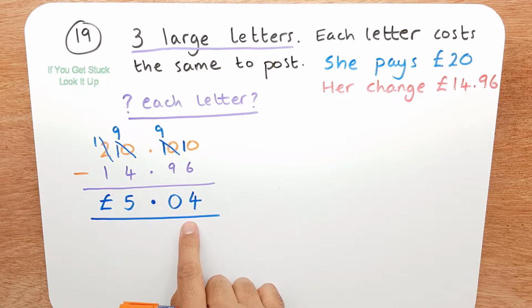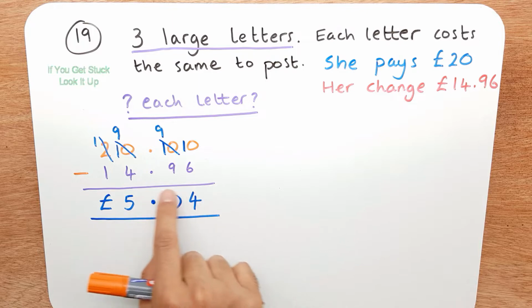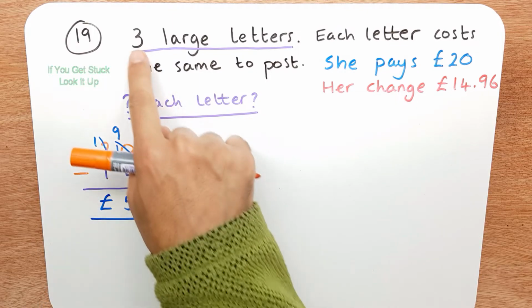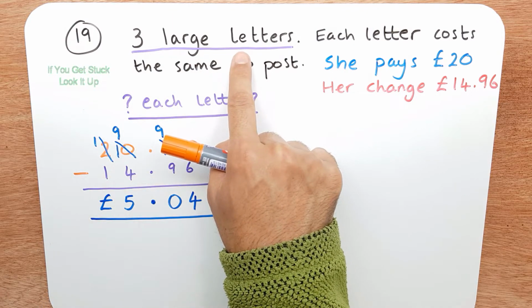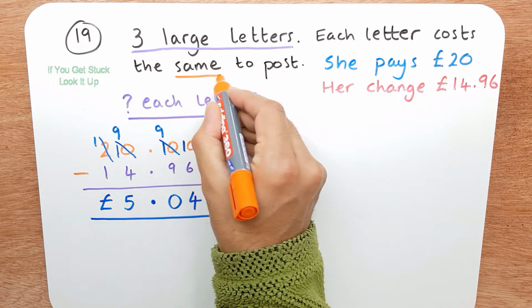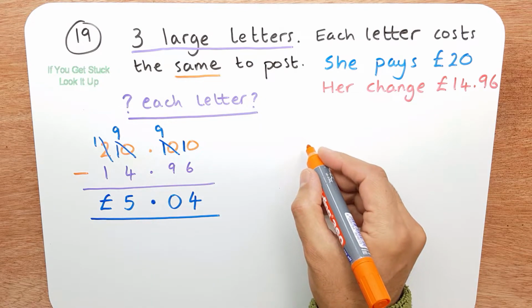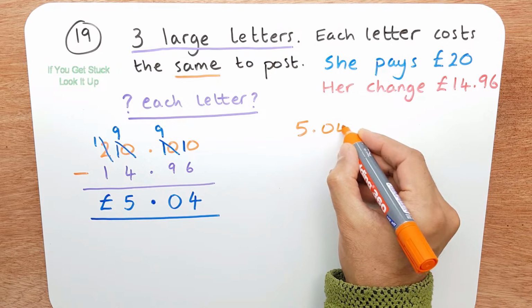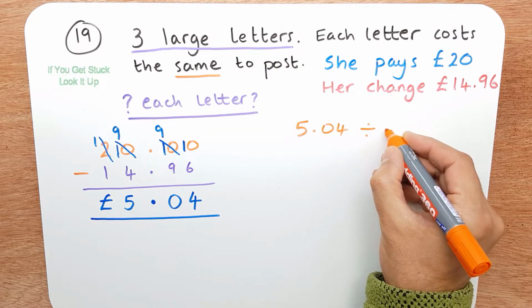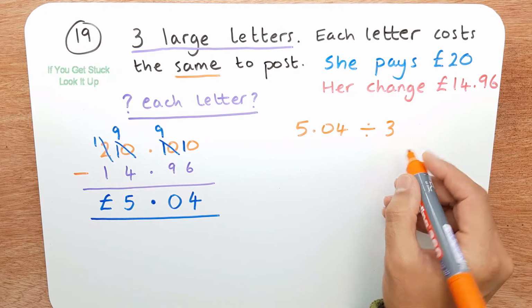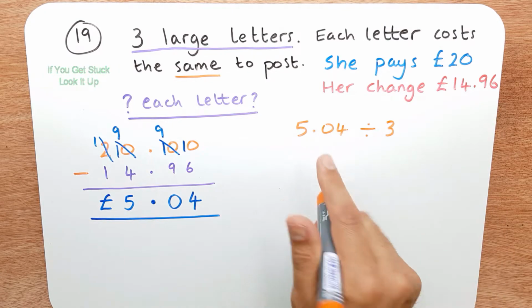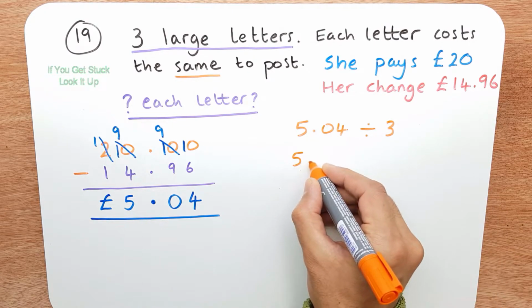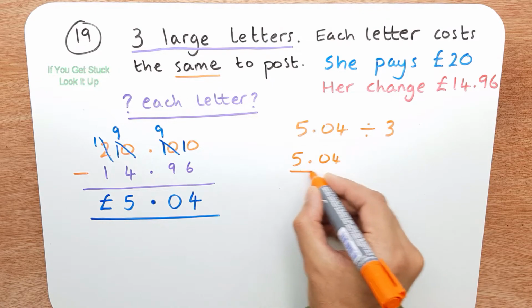Now our next step is to divide this number by 3 because there's 3 letters and each letter costs the same amount. So let's go ahead and do that. So 5.04 divided by 3. And what I like to do is write it as 5.04 divided by 3.